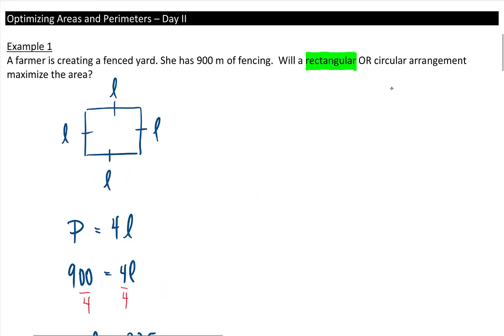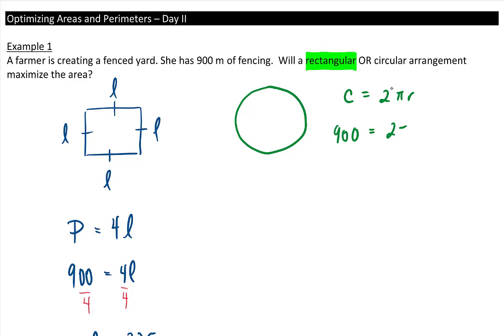Let's go now to a circular arrangement. This time we have a circle. Perimeter is the same thing as circumference when we talk about a circle. The distance around a circle we call circumference, and that's equal to 2 pi r. So this time we have 900 equals 2 pi r.